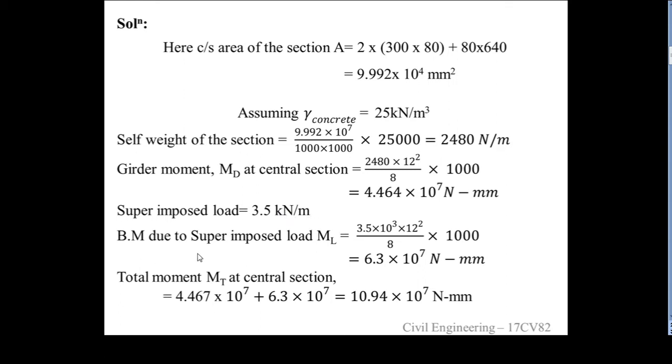Then bending moment due to superimposed load ML is equal to 3.5 into 10 raised to 3 into 12 square divided by 8 into 1000, that gives 6.3 into 10 raised to 7 Newton mm. The total moment MT at the central section is 4.467 into 10 raised to 7 plus 6.3 into 10 raised to 7 equal to 10.94 into 10 raised to 7 Newton mm.